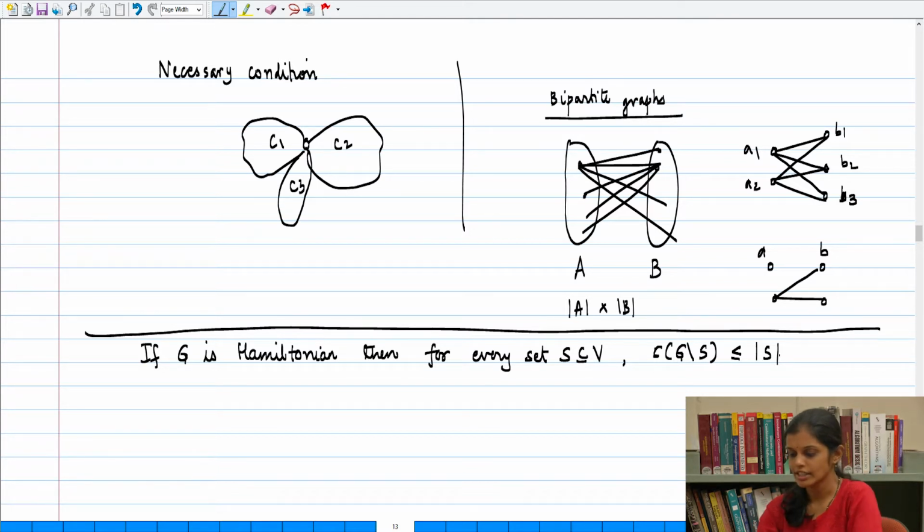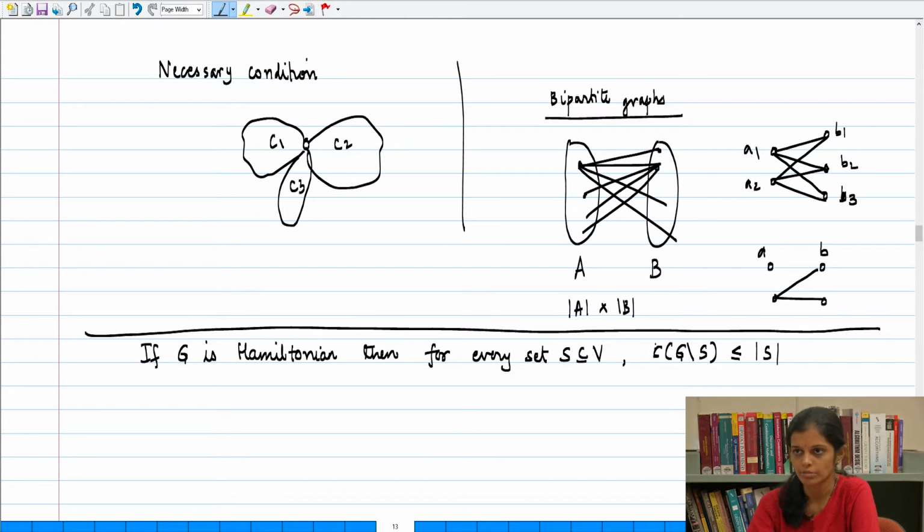And we'll just first stare at this statement, see that we understand this statement and also apply it here, right? So what does this say? If the graph has to admit a Hamiltonian cycle, then for every set S of vertices, that is, you pick any subset of the vertex set, you remove it from the graph, you will be left with another graph which we are calling G minus S. We can easily count the number of components of such a graph.